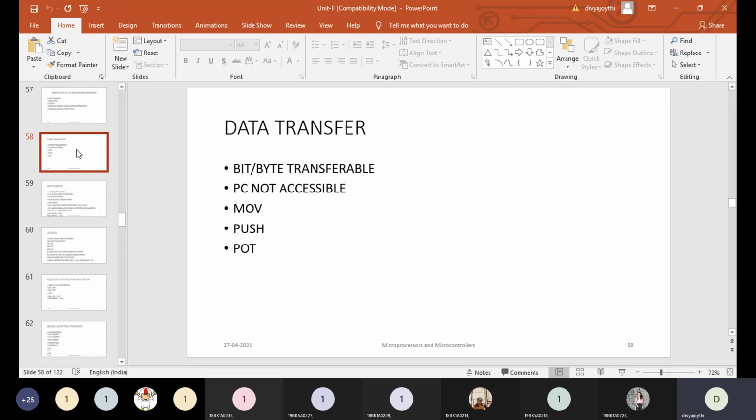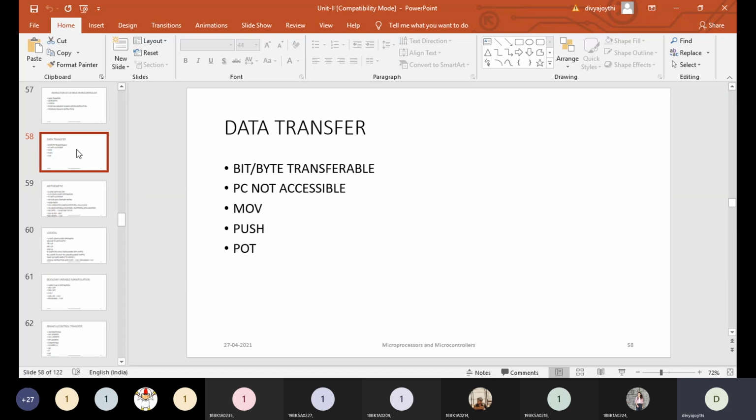Say for example, out of 8 bits, if you want to transfer only 1 or 2 bits, that can be done in 8051 microcontroller. That means you can transfer the data bit by bit, or you can transfer the complete data at a time. Transferring is nothing but moving the data from source to the destination. You can do that either bitwise, or you can do it with complete data based on the application.